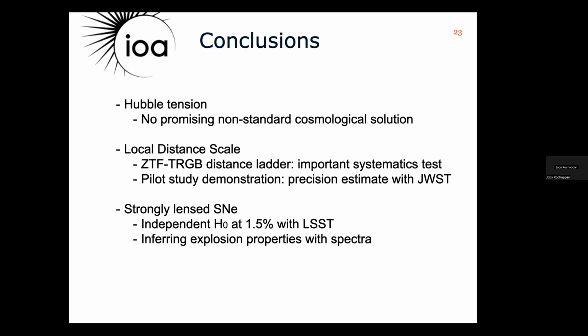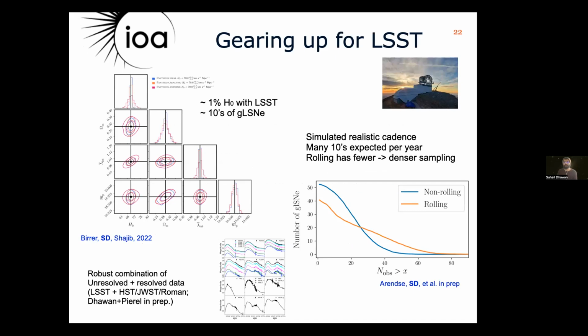And do we expect that maybe JWST will be able to get these tens of lenses? Yeah, so that was in the last part of what I was mentioning. With LSST, because we need wide area, we expect this is a per year number of lensed supernovae. So we simulate a survey.